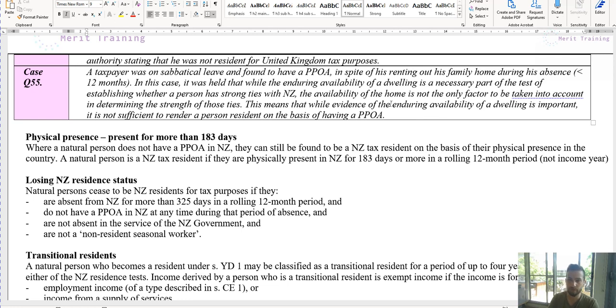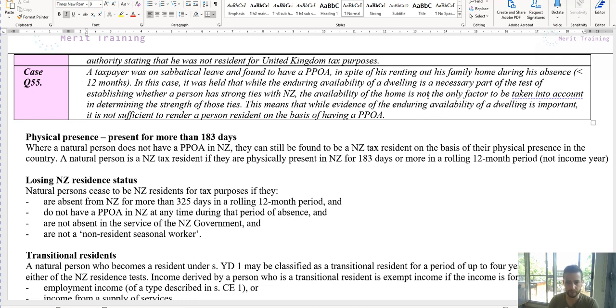So that's probably the key point here, that just whether you've got access to the home or not isn't the only point. There are other points in terms of how you have a connection. Obviously, the court found in this case, this person had a connection. It doesn't say how they had a connection, whether that was through friends or family or, just proved a connection to the country, regardless of whether the home was available.